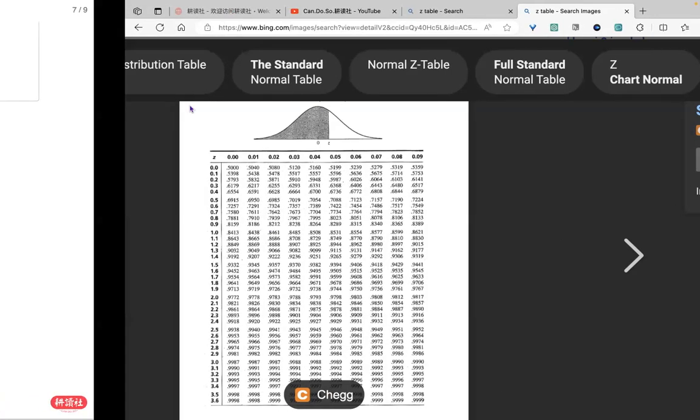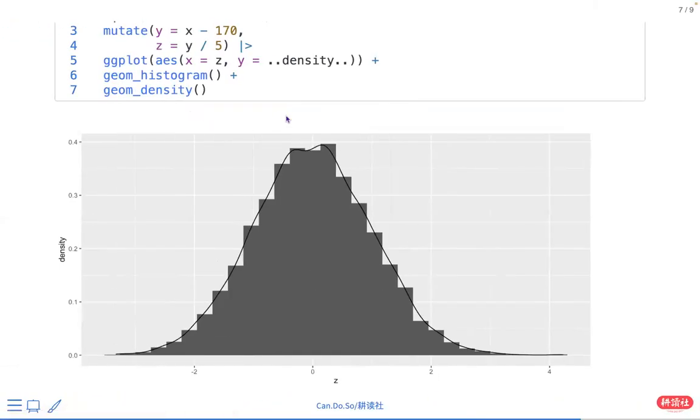But normally we don't use the table now because we have R or SPSS to calculate, so we don't need it.